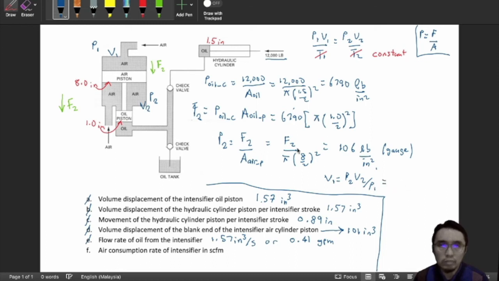So this is equal to V2, the volume of air displaced, which we found before, which is 101, times P2 over P1. P2 is 106, but remember this is gauge pressure. We are using the gas law, so we should use the absolute value for pressure and temperature. To change from gauge to absolute values, we just add the atmospheric pressure.